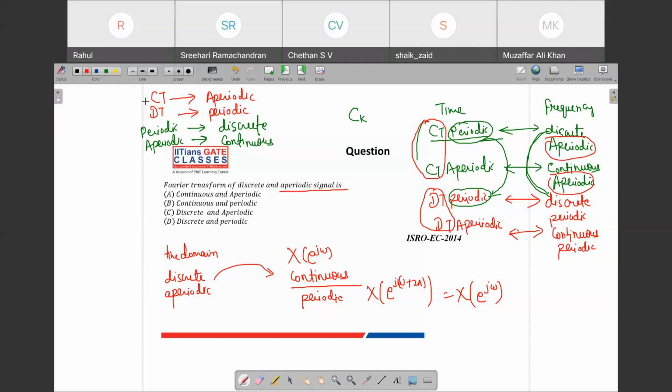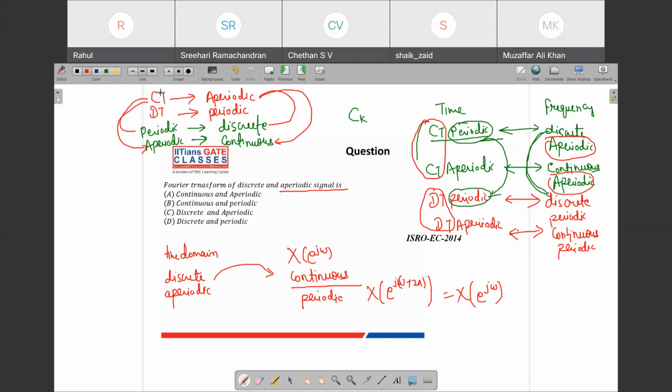So based on what combination you have, whether you have a continuous time periodic signal, for that you'll get a periodic and discrete signal. For a continuous time aperiodic signal, you'll get an aperiodic, continuous signal, and so on. So that's how the property looks when you go from the time domain to the frequency domain.